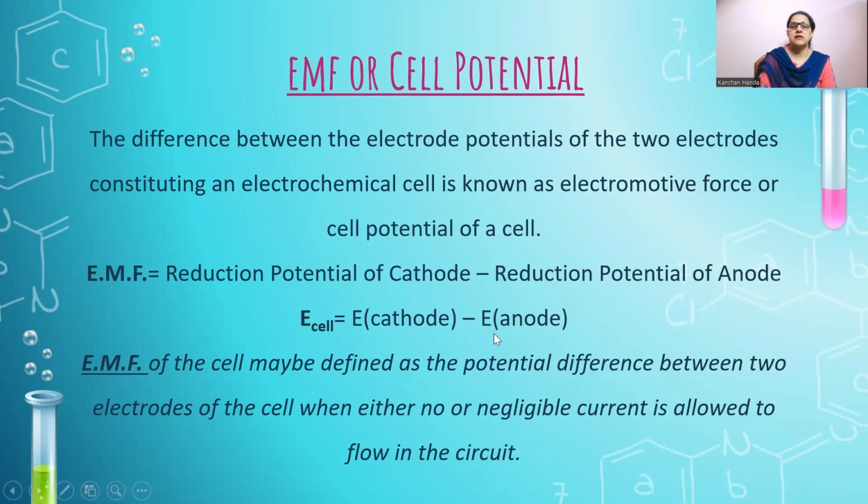And here is the representation for the same. EMF of the cell may be defined as the potential difference between two electrodes of the cell when either no or negligible current is allowed to flow in the circuit.